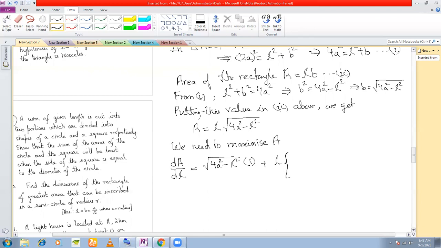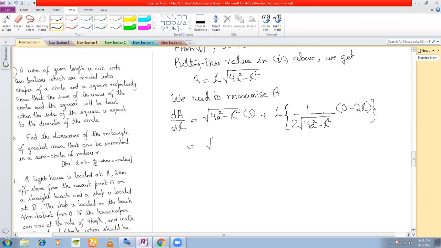The other function that you need to differentiate is root over of 4a square minus L square. And what is the differentiation of root over of 4a square minus L square? First differentiate the radical. So you'll get 1 by 2 root 4a square minus L square into the d/dL of 4a square minus L square. What is the d/dL of 4a square minus L square? 0 minus 2L, right?